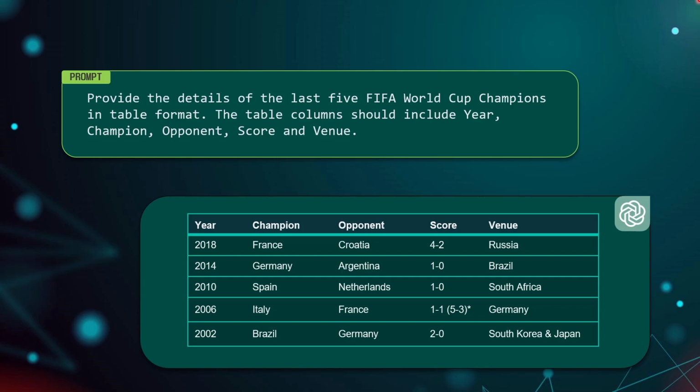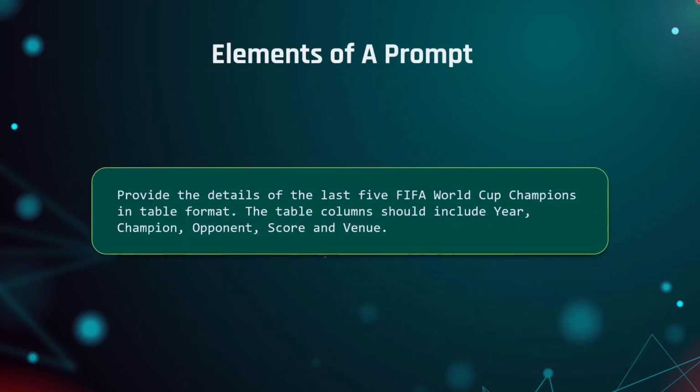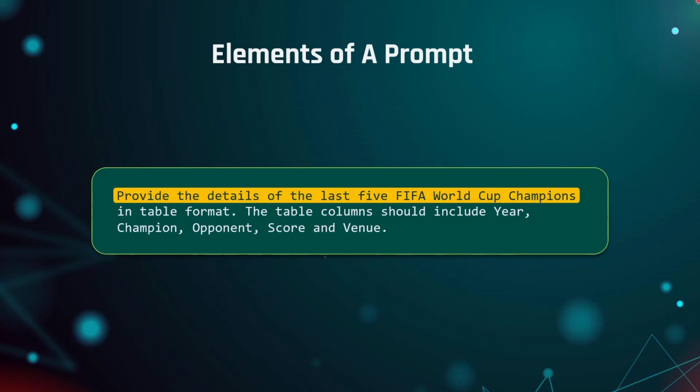Okay, so let us try to dissect this particular prompt. If you notice, this portion of the prompt, provide the details of the last 5 FIFA World Cup champions, this particular portion is called the instruction, right? And instruction is basically the most significant part or element of a prompt.